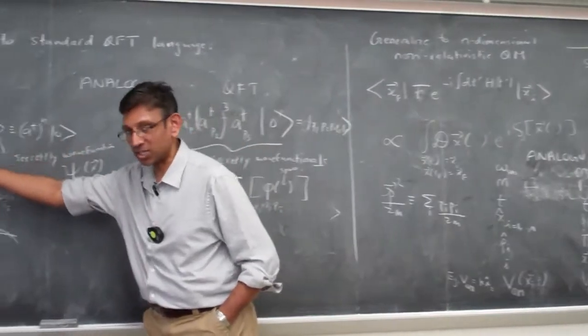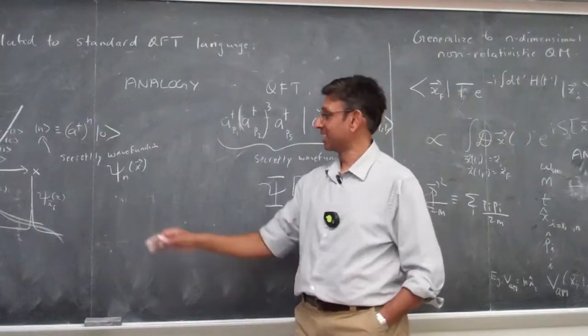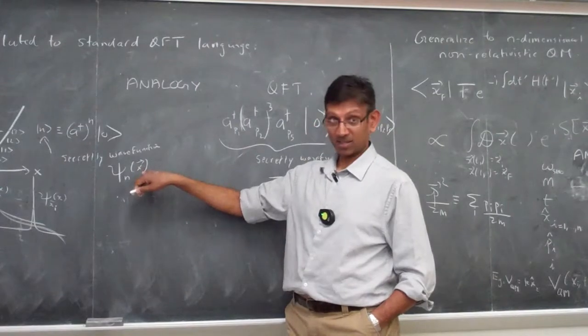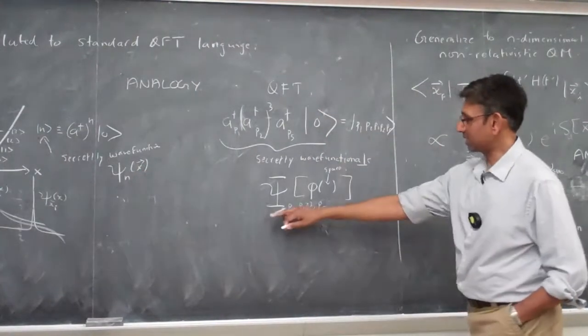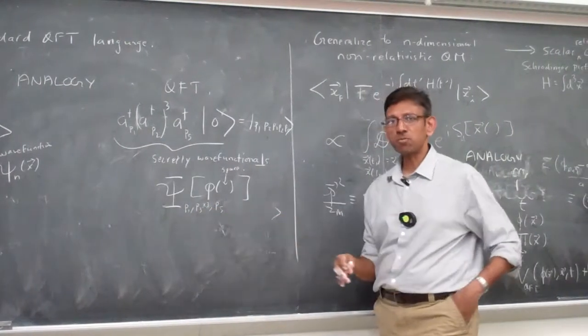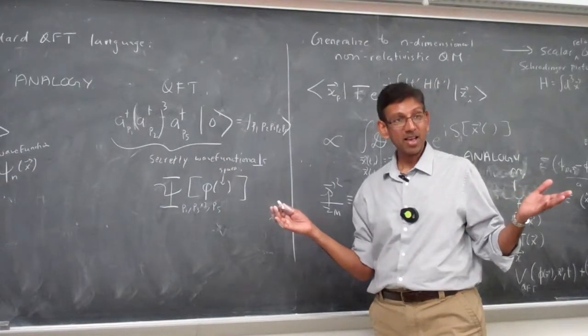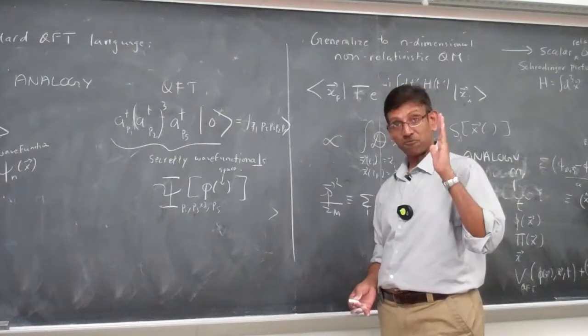It doesn't ask what's your energy, it says where are you in x space. Then this is the amplitude that the nth state will be at this position x. This is the amplitude if I don't measure how many particles there are. That's not the basis I want to work in.